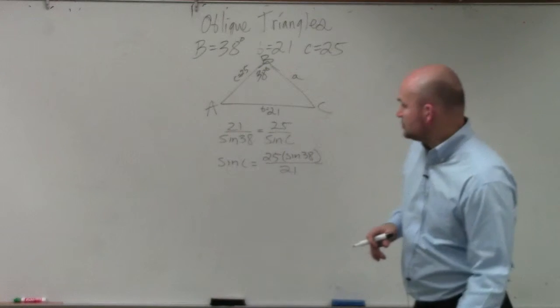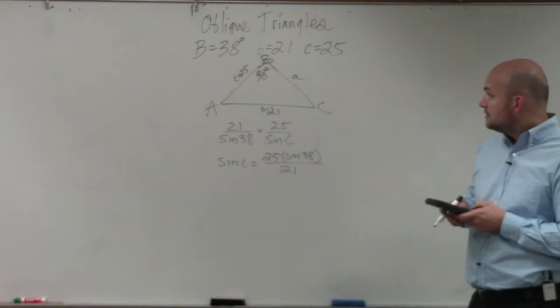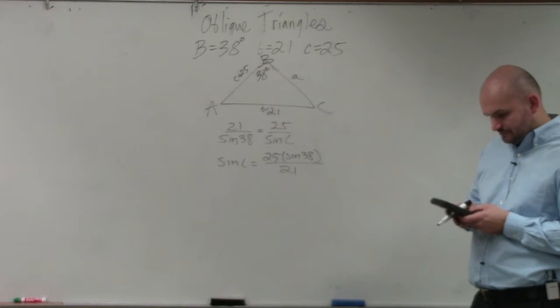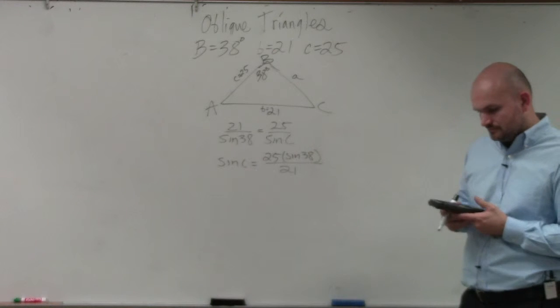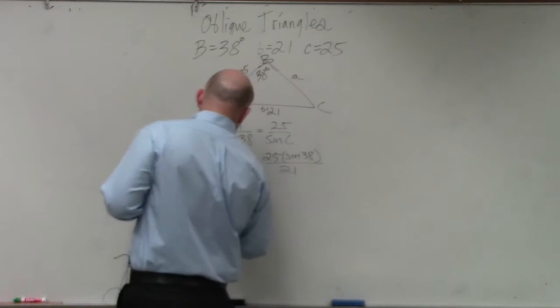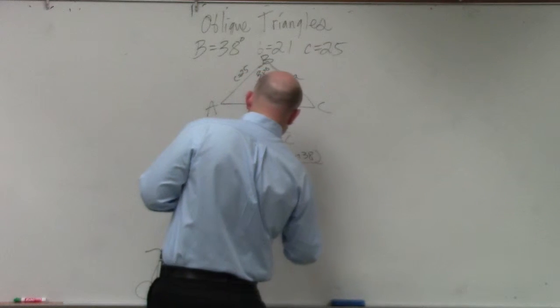Now, again, just go through with your calculator and do 25 times the sine of 38, and then divide that by 21. So I have the sine of C equals 0.7329 and so on.